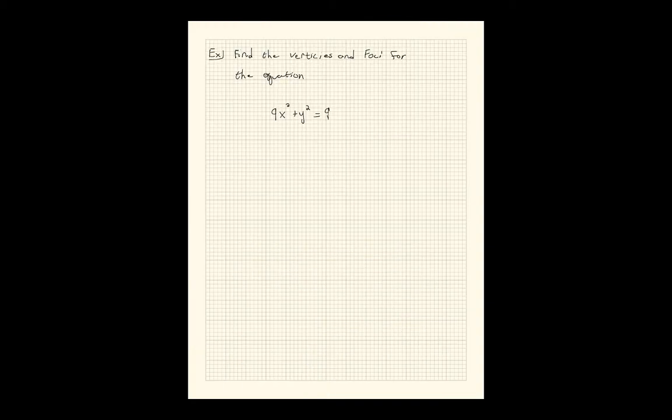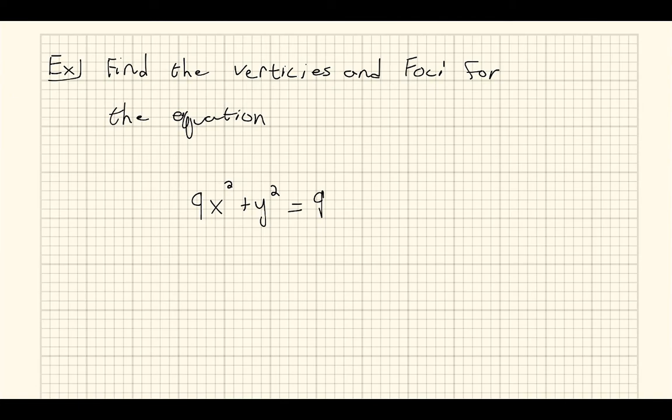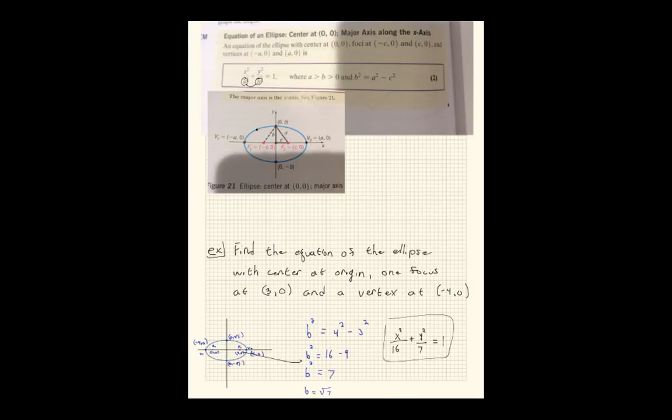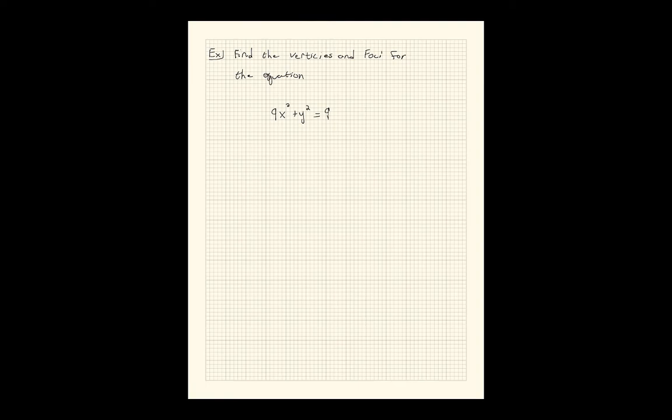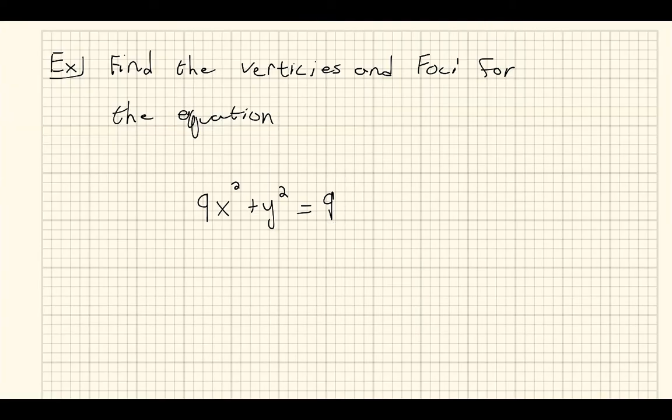Right here, find the vertices and foci for the equation 9x squared plus y squared equals 9. So it's not really written in standard form. It doesn't really look like the other one. Remember the other one, I have x squared over something plus y squared over something is equal to 1. So what I want to do here is make this number equal to 1. The way I have to do that is divide both sides of my equation by 9.